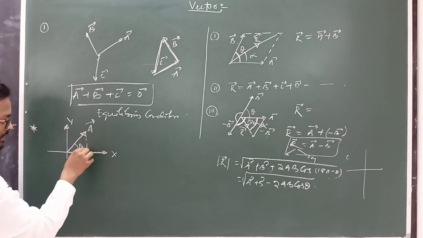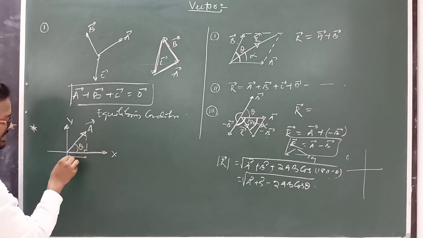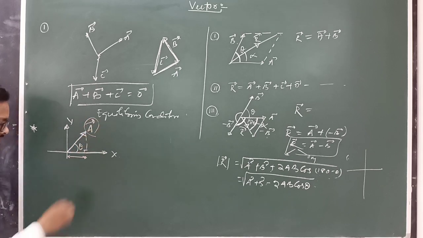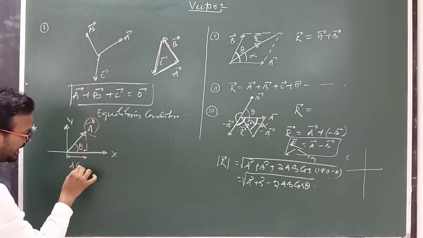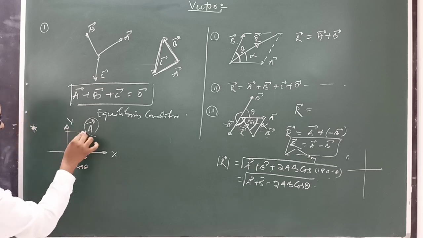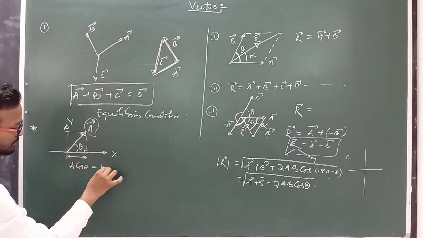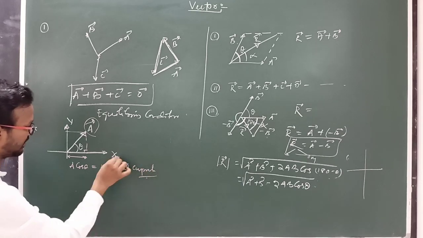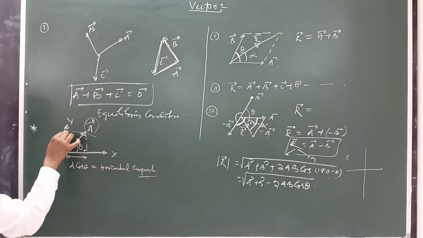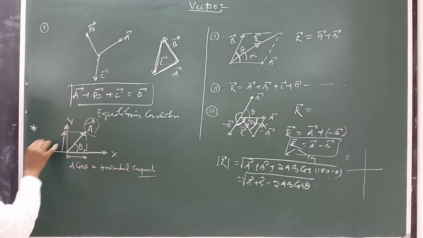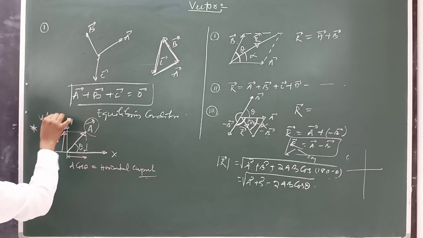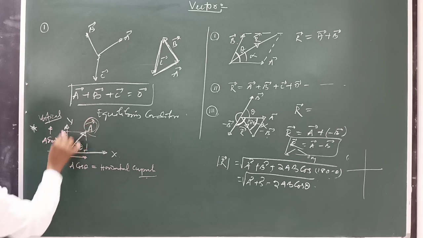So first we have to draw a perpendicular here, and this distance is known as the component of vector A along the x-axis, and we can write this component as A cos theta. This is also known as the horizontal component, along the x-axis. Similarly, this component, A sin theta along the y-axis, you can take as the vertical component of vector A along the y-axis.